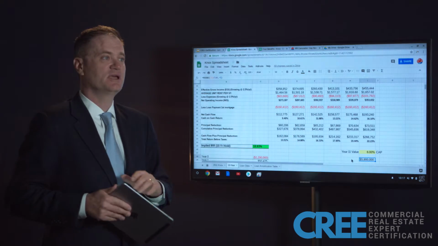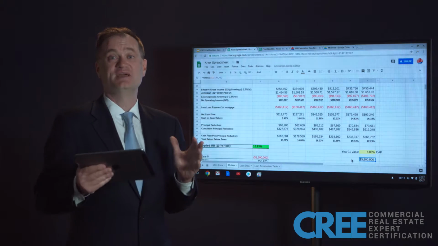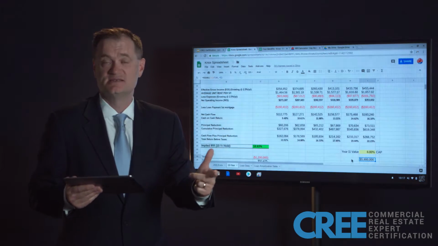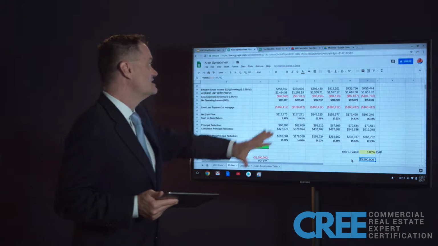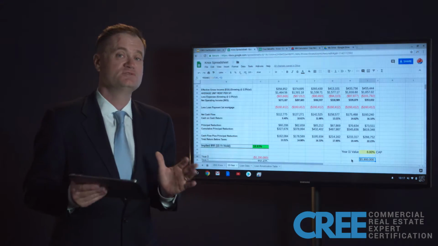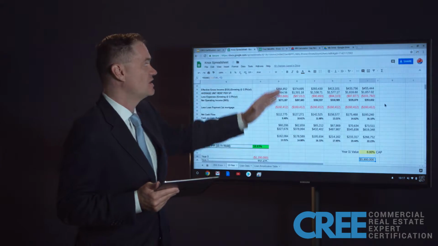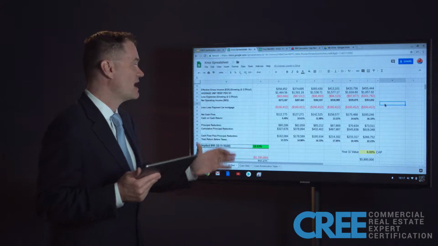So taking into account all 4 benefits of owning investment real estate: cash flow, taxes, principal reduction, and then appreciation, this 10-year cash flow analysis essentially takes all of those into account. You can play with this a little bit based on where those numbers might be.